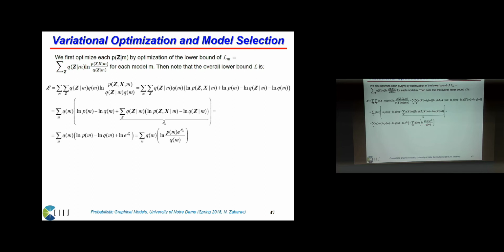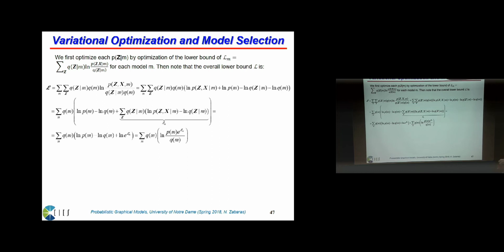Is minus the what? I know it looks like an expectation, but there is a better definition of what this is. Is minus, I gave you half of the story. Minus of the KL divergence between Q and P of M times e to the Lm.